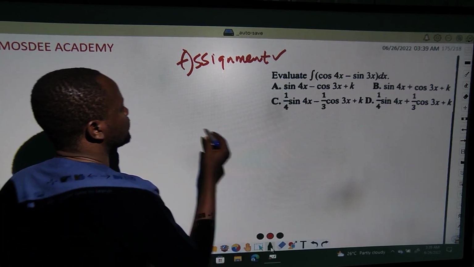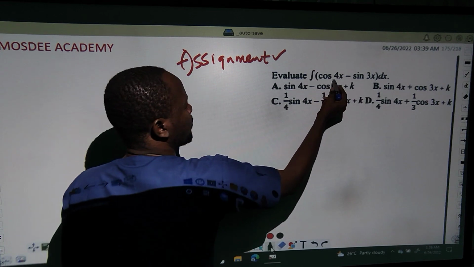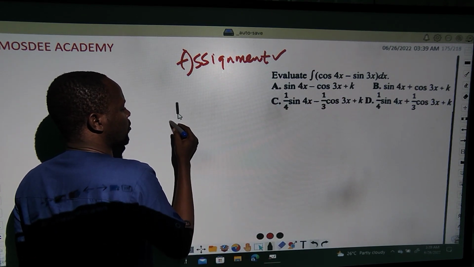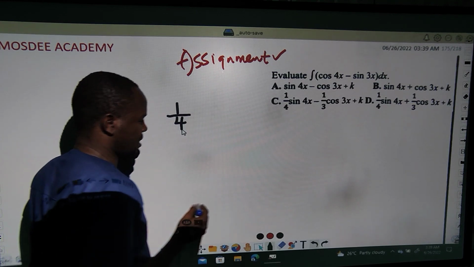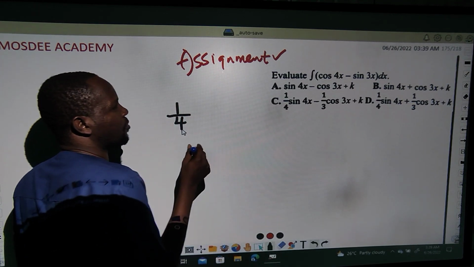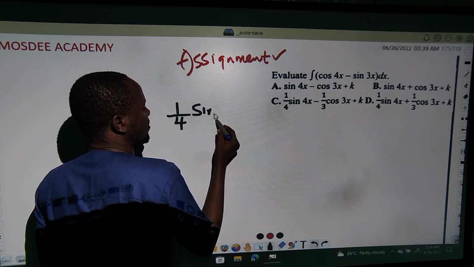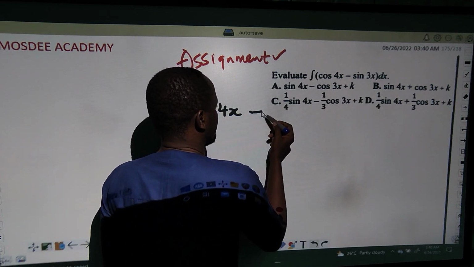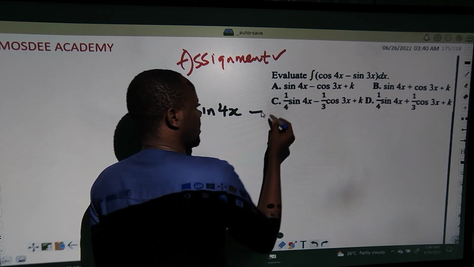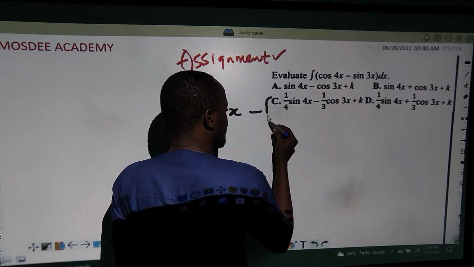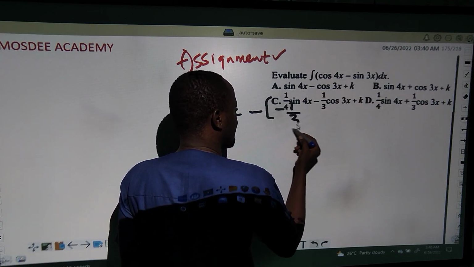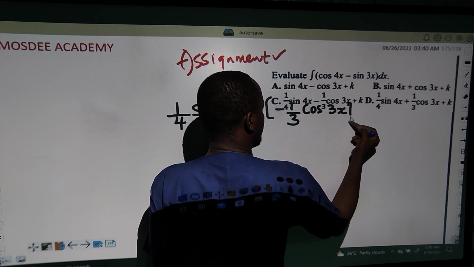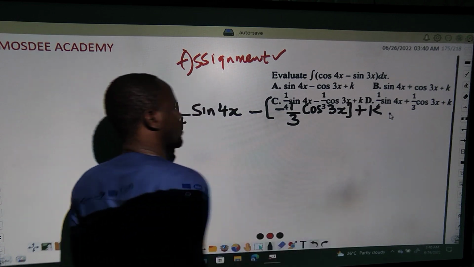So here the solution will be, this is 4. When we integrate cosine, it is sine. So it will be 1 over 4 sine 4x, then we have minus. When you integrate sine, it is minus cos. This is 3, so minus 1 over 3 cos 3x, plus the constant k or c.